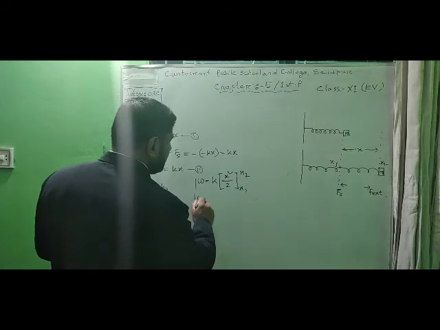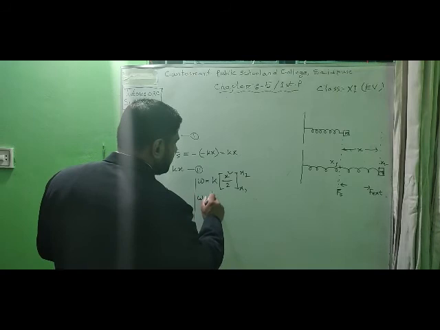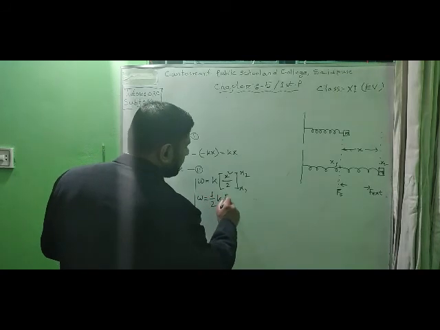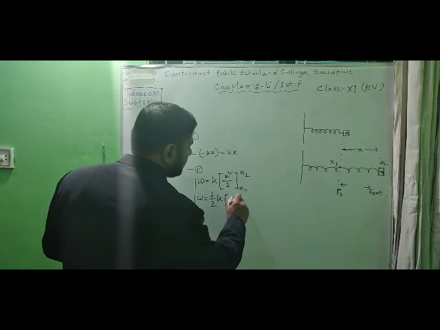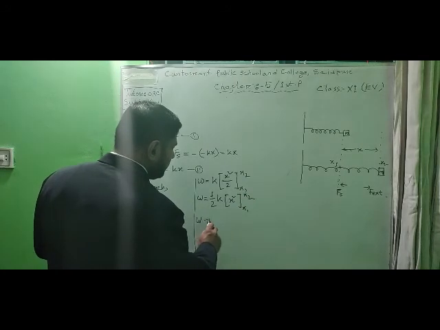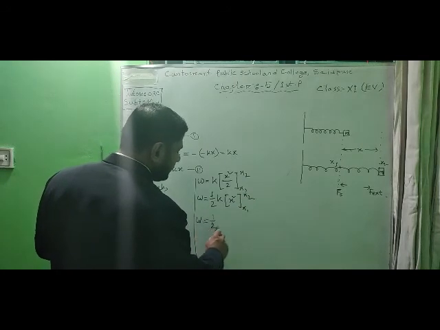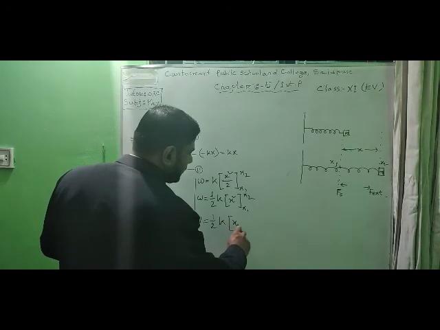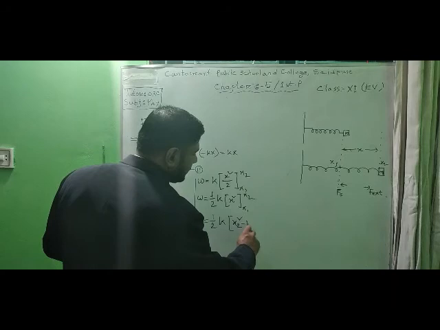Here half is also a constant value, so let us take it outside. Half k and x square, and this is from x1 to x2. Now let us put the value of x: half k times x2 square minus x1 square.